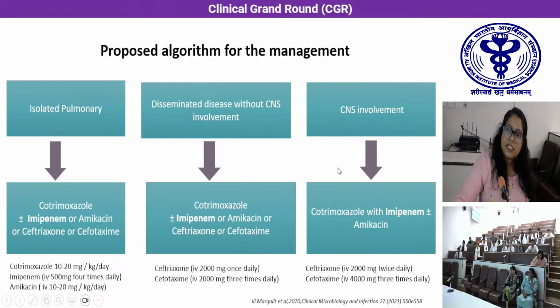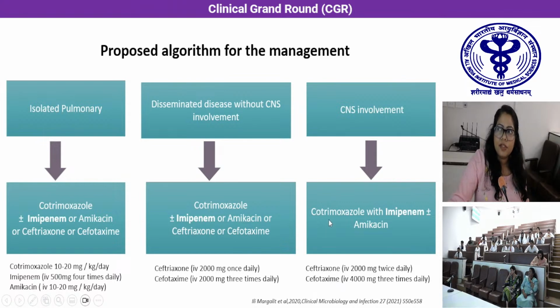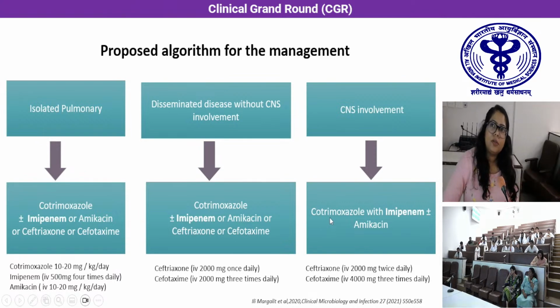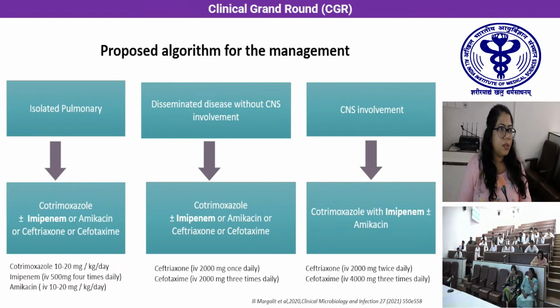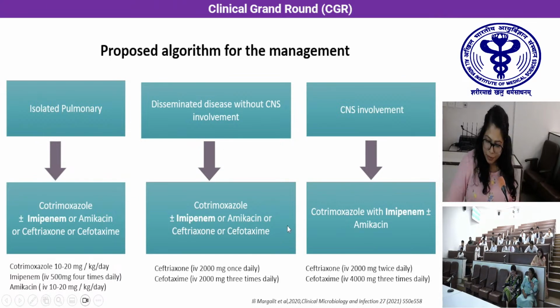Whereas if there is CNS involvement, we have to increase the dosage and prefer cotrimoxazole with imipenem and/or amikacin. When there is improvement in the patient, we can switch down to oral therapy with cotrimoxazole. The duration of therapy for isolated pulmonary cases would be around 6 months, for disseminated disease without CNS involvement around 6 to 12 months, and for CNS involvement around 9 to 12 months of therapy.